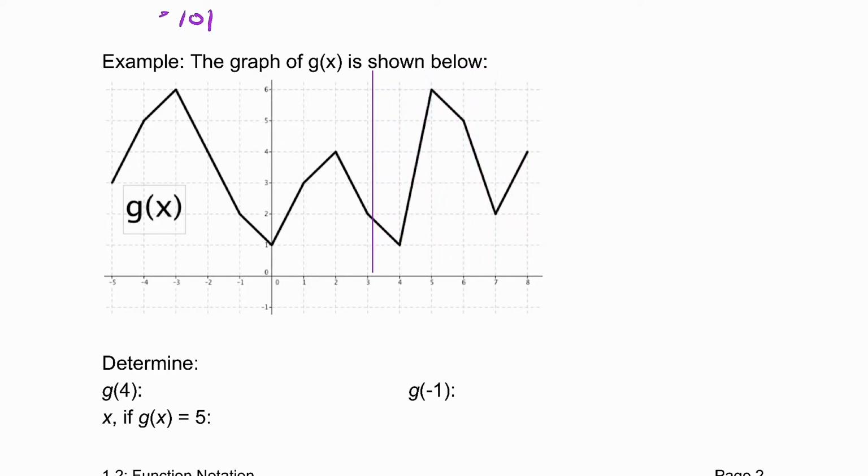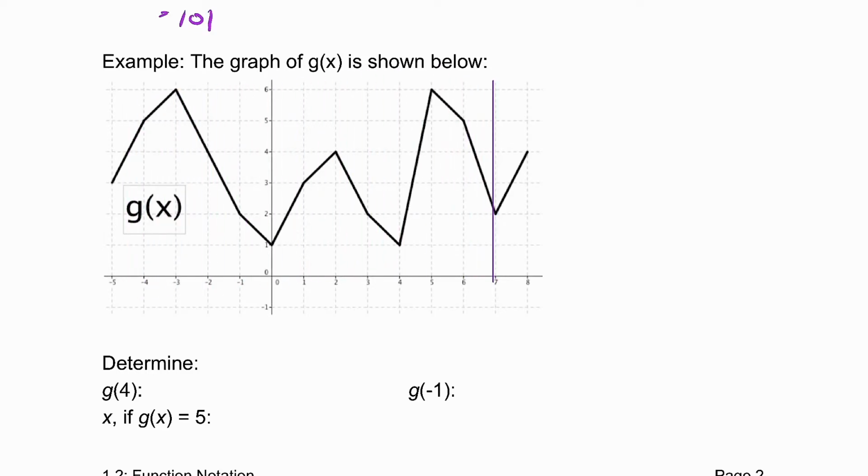Again, that's the vertical line test that we can use to make sure that this function, in this case g(x), is indeed a function. This purple vertical line that I draw only crosses our graph at one point as I move it across. Okay, so that's the vertical line test.